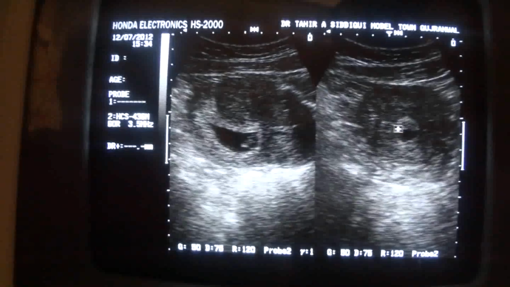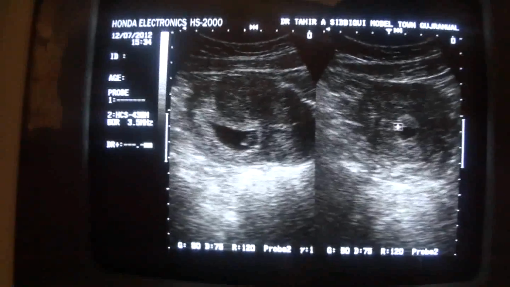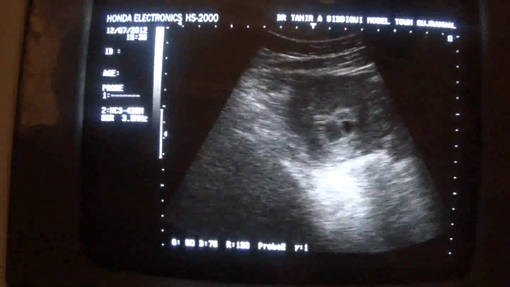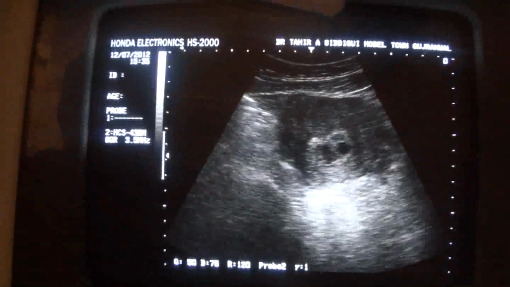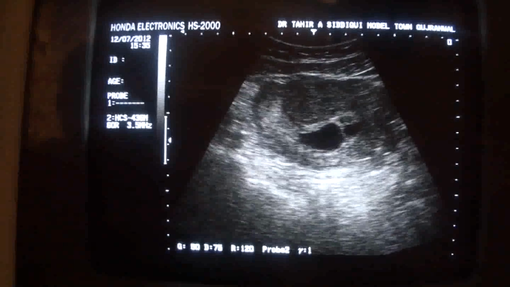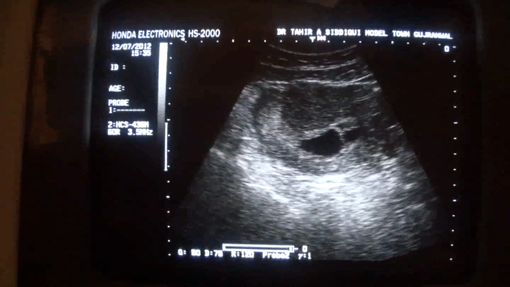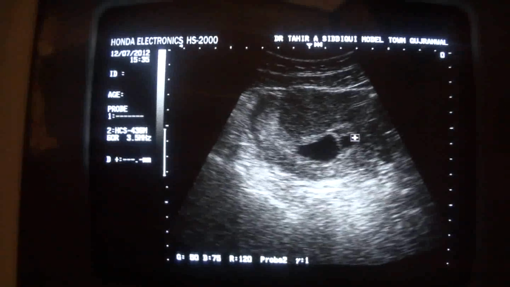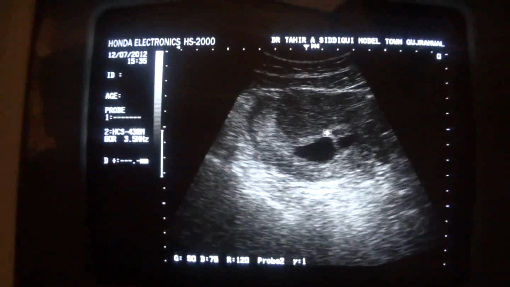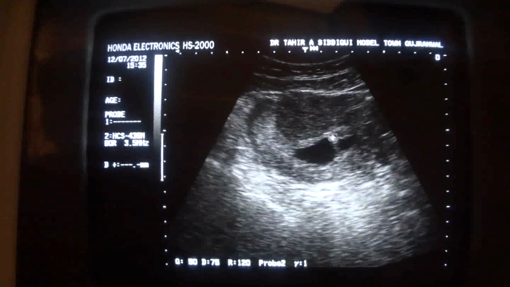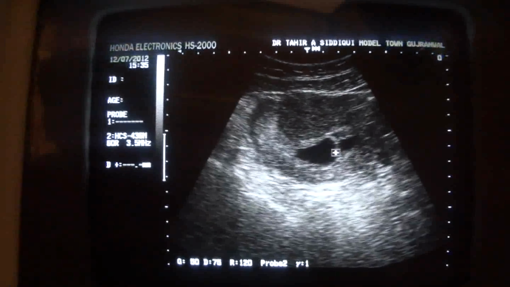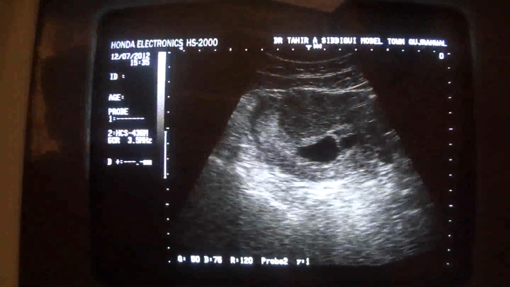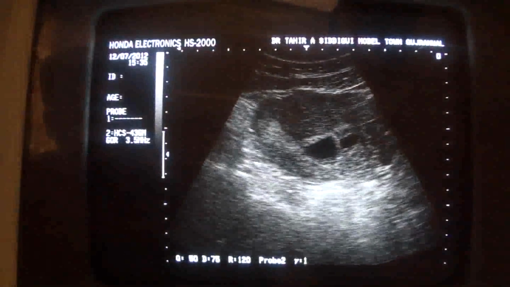And the small cystic area that you are seeing is the yolk sac. So in this case we are seeing a resolving twin. Here you see there are two sacs, sac number 1 and sac number 2, separated by the membrane, the transamniotic membrane, and this is the resolving twin.